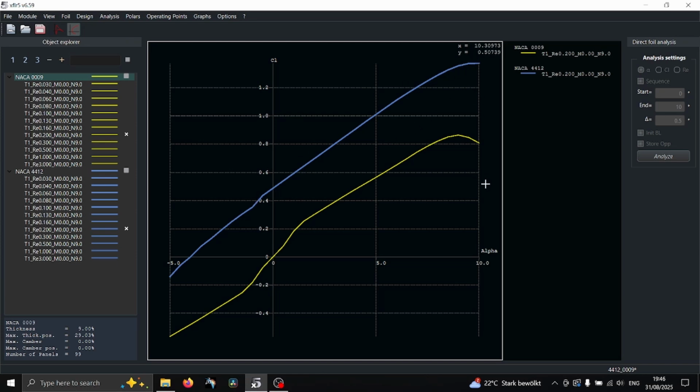I don't really see the results after 10 degrees because the simulations have not been made beyond 10 degrees of angle of attack. But that's the idea. Basically, you reach some kind of peak and then it drops because you go into stall. So there's some separation of airflow from the top surface of the wing and it instantly decreases the coefficient of lift.